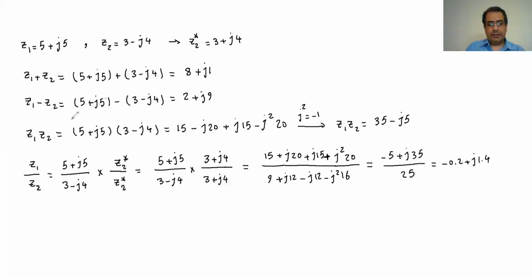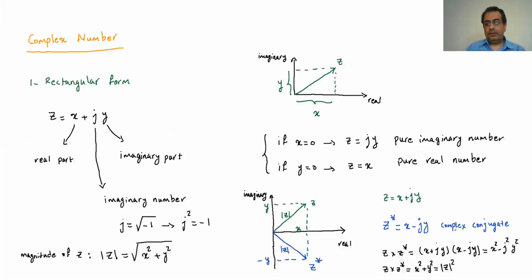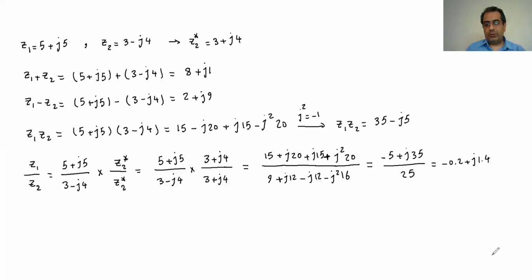I start with the rectangular form. Now I want to go ahead and start to talk about other forms. The next form that we will have is going to be the polar form. The second one is the polar form.